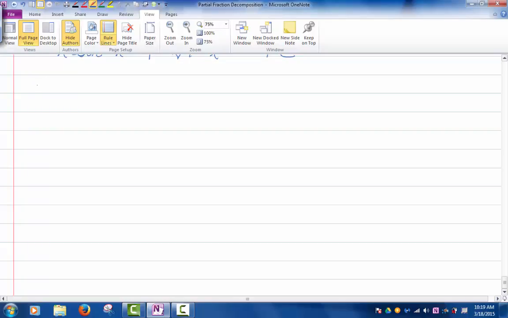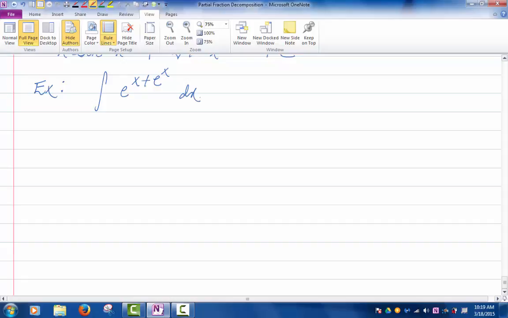Here's another example. Let's say I have the integral of e to the x plus e to the x dx. This looks a little bit weird, but you have to make sure you understand exactly what this is saying. You have e to the power, the exponent is a sum, right?